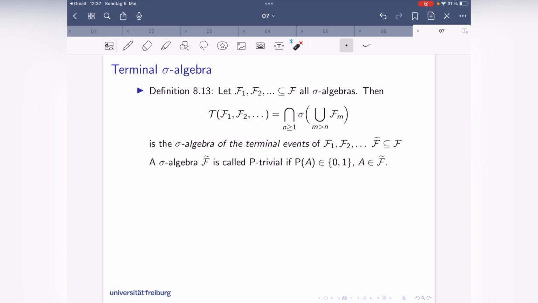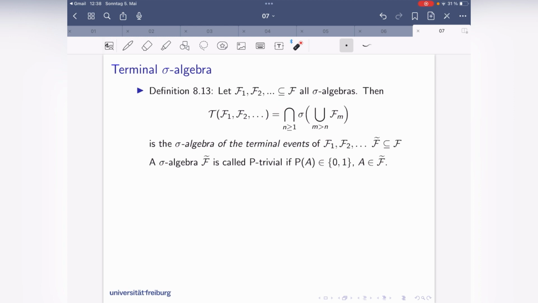The sigma algebra of all the terminal events. Okay, the F_n's are sigma algebras. The union is a sigma algebra. No, the union is not a sigma algebra, but the sigma algebra generated by the union is a sigma algebra. The intersection of sigma algebras is a sigma algebra. So this here is a sigma algebra.